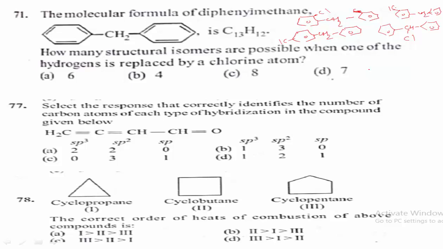These 4 structures are observed. Remember students, 4 structural isomers are possible for diphenylmethane. Okay, where is the answer? B means 4. Okay, B is the right answer.